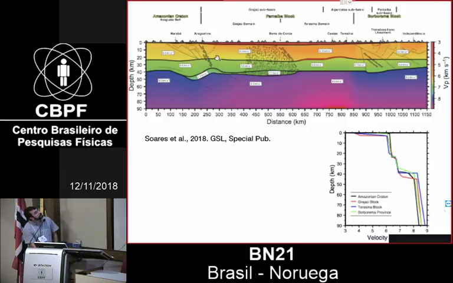And here you see that the basement beneath the Parnaíba Basin is completely different in terms of density structure than this western part, also confirming that we have different blocks that were amalgamated that are now hidden beneath the Parnaíba Basin. This is a very recent paper by Suarez, who is here in the audience, showing also there is a difference in the profiles between the Grajaú block in the middle and the Amazon Craton to the west.